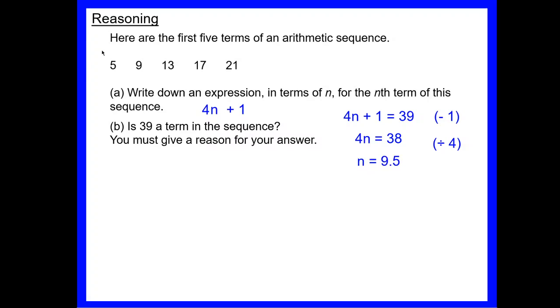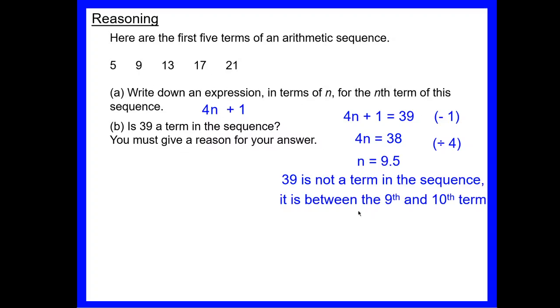Now remember, this is number 1, 2, 3, 4, 5. So the position numbers are always whole numbers. So position number 9.5 can't be a position in our sequence because they need to be whole numbers. So that 9.5 is telling me that 39 is not a term in the sequence.